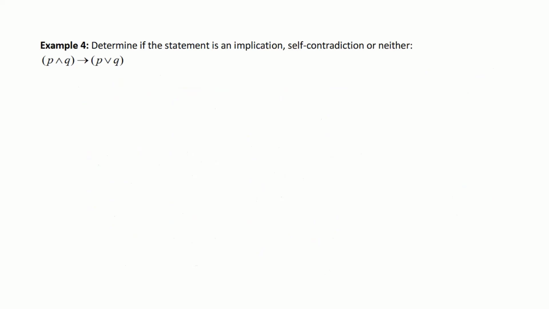So in example 4, we're asked to determine if the statement is an implication, a self-contradiction, or neither. So going back to my sheet, I'm looking for the definition of an implication, and an implication is a conditional statement that is always true. It has to be an if-then statement, a conditional statement, and it has to always be true.